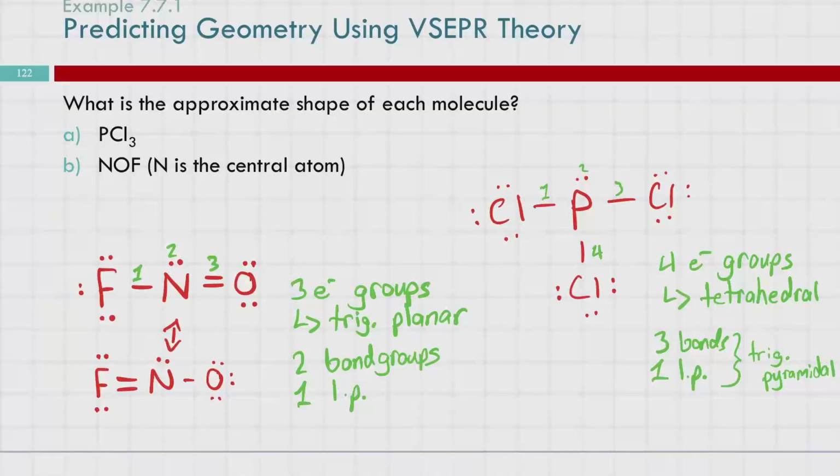And this shape, my arm and my leg from the YMCA pose, it's not straight up in the air, right? It's out to the side. So it wouldn't be linear, it would be bent. Or you just look it up in the table. So bent and trigonal pyramidal.